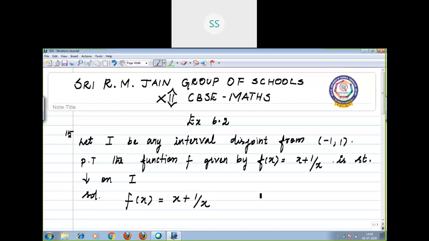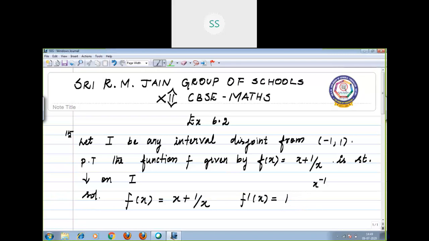What is f dash of x? Next step, you want to find the derivative. Here your x, when you differentiate, you will get 1. When you differentiate 1 by x, 1 by x can be written as x power minus 1.